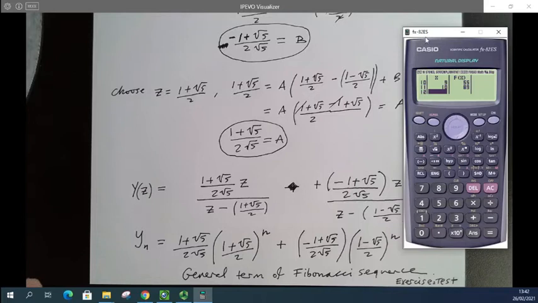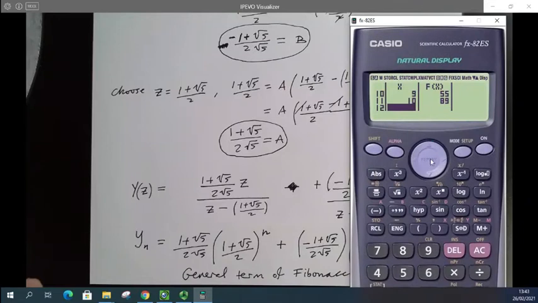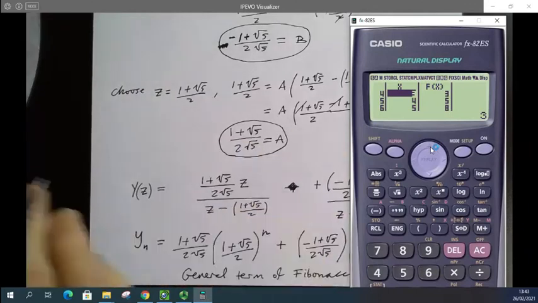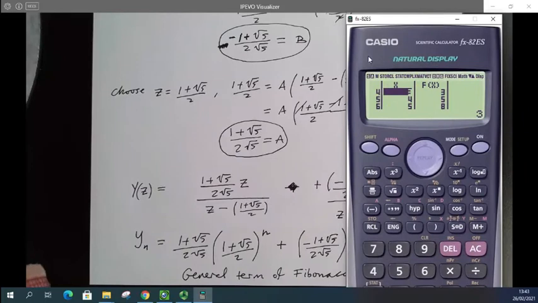Let's just zoom in a little bit so you can see the results there. There's all the terms there. So that's a nice little verification of my result, and I'm quite happy I had that brainwave.